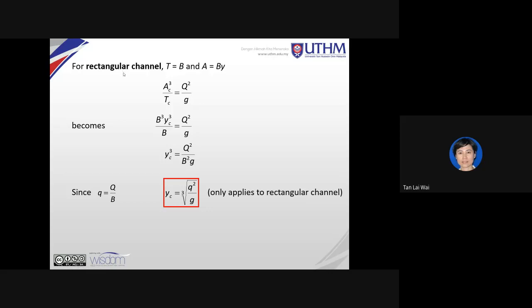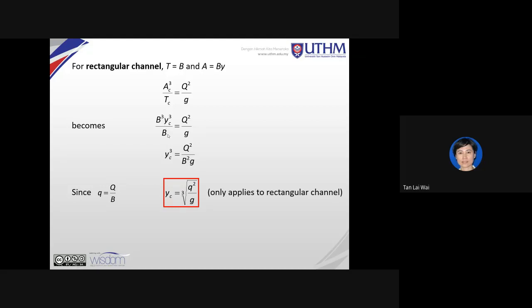For a rectangular channel or rectangular section, our top width is actually equal to the width of our channel. So our flow area is B Y. Substitute A equals B Y, T equals B, you have this.